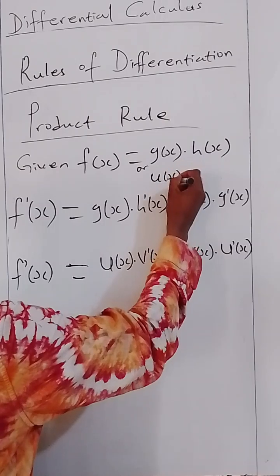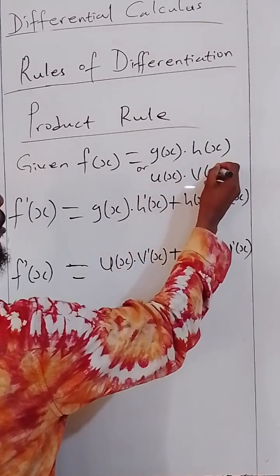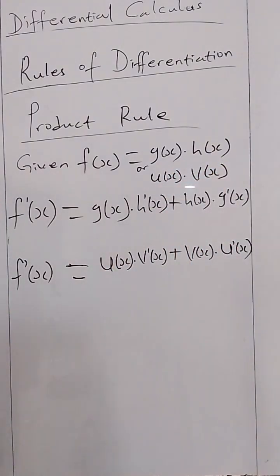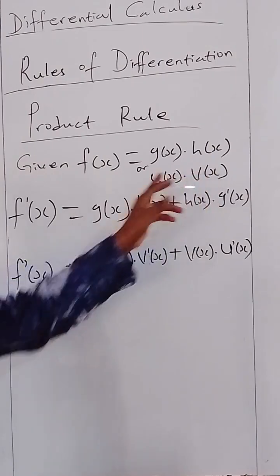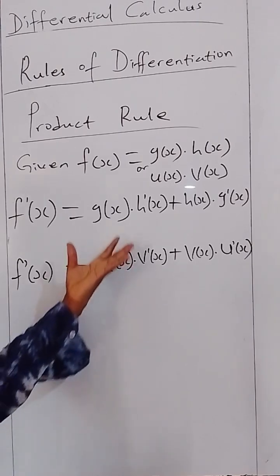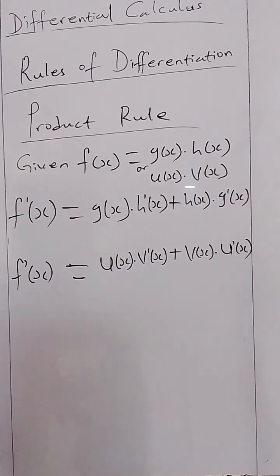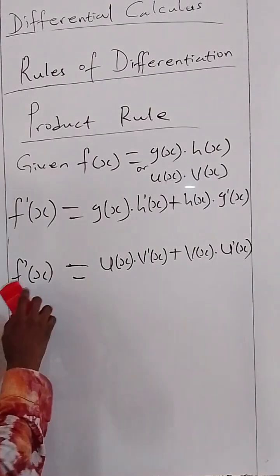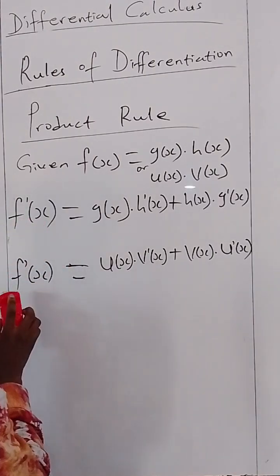The essence of writing it this way is so that you don't get confused when you find this in some textbook you use. Okay, so these are equivalent. Anyway, that is the product rule. Now let's take a look at some examples.